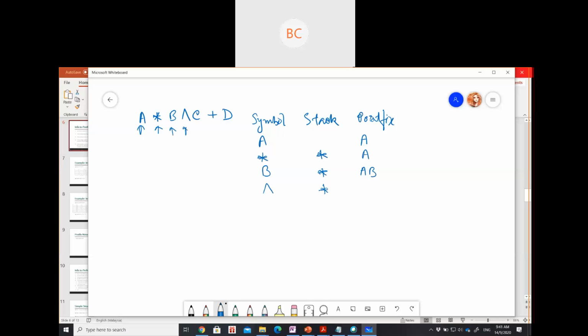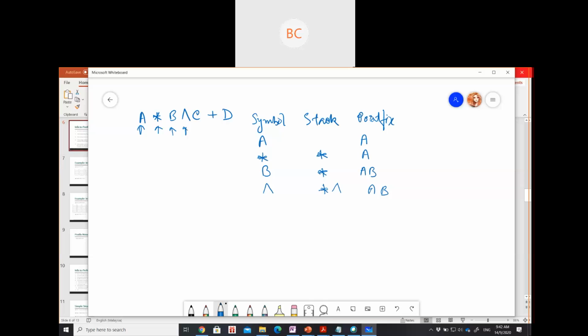So whenever you see a right associative operator, what you will do, you will simply push it to the stack and leave as it is. So now if suppose for example this is left associativity, then what you will do, you will simply pop out this symbol and push it back onto the stack.